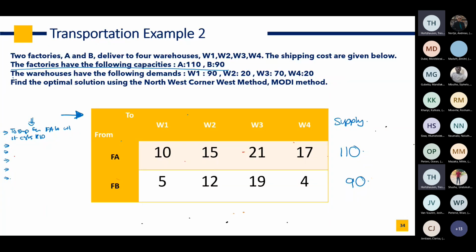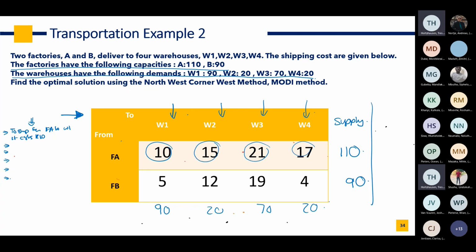And then the warehouses have the following demands. You then go to the warehouses and add that part of the constraints into your table. So you'll have the 90, the 20, the 70, and the 20. Just be very careful about that. In building up your problem, your costs originally go in the centers, you'll move them next, and then you'll have your supplies sitting on one side.